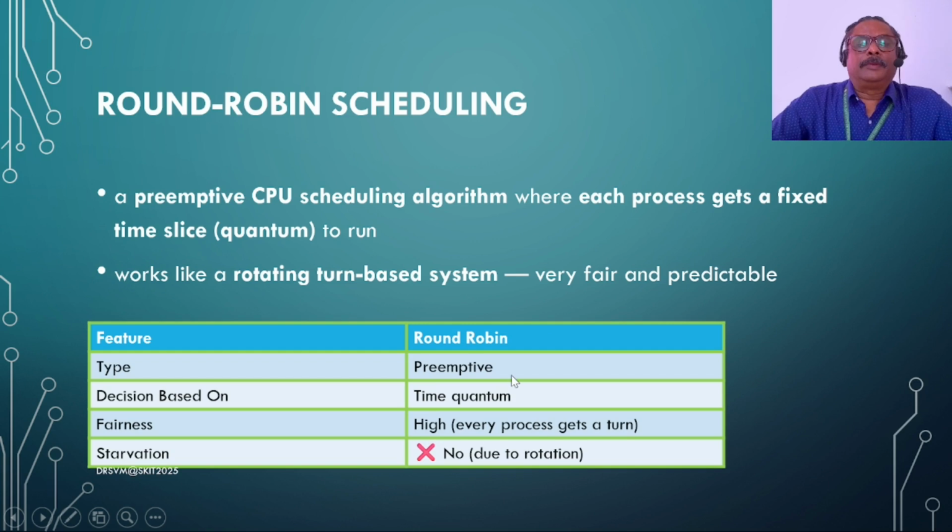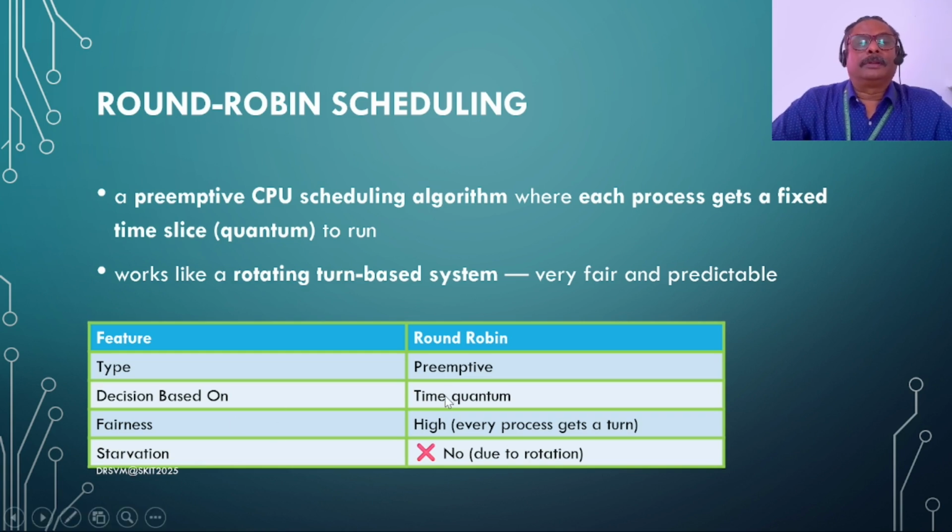So the type is preemptive. The decision is based on the time quantum, not on the size of the process burst time and all that. Burst time doesn't make any sense here, like it was done in shortest job or shortest remaining time algorithms.